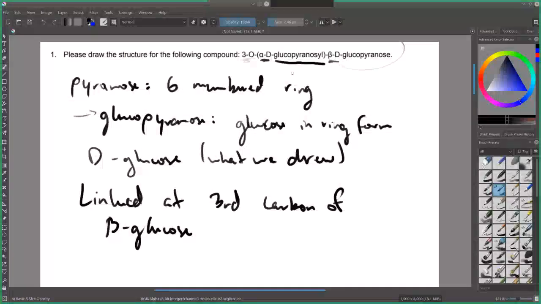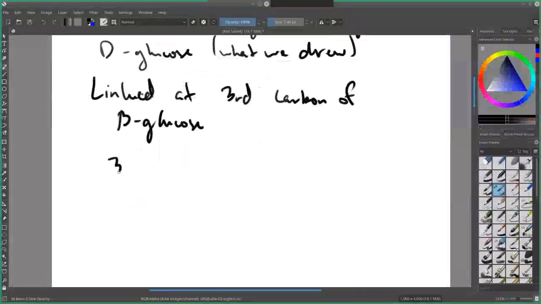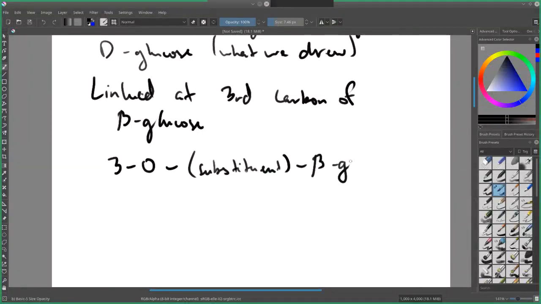So this parentheses labeling means that the alpha glucose is the substituent. So you can think of it as 3-O, substituent, beta glucose.